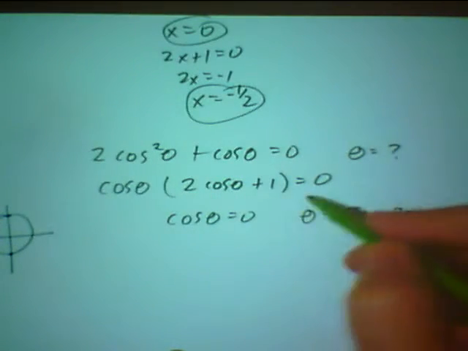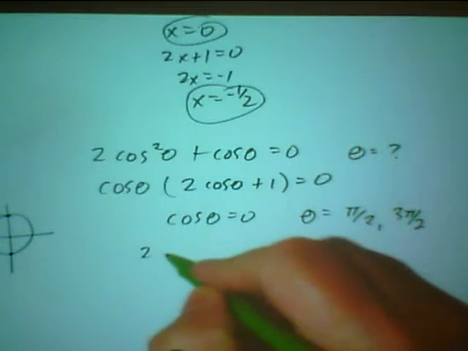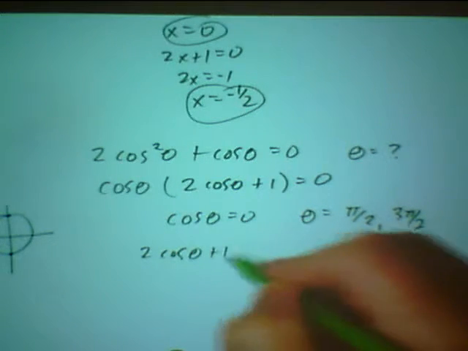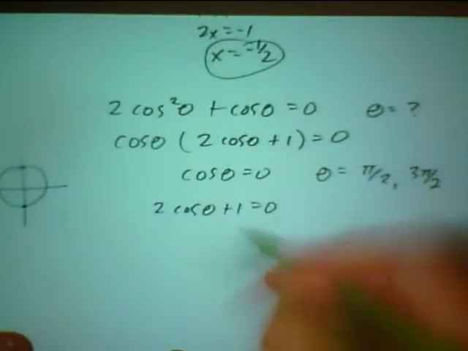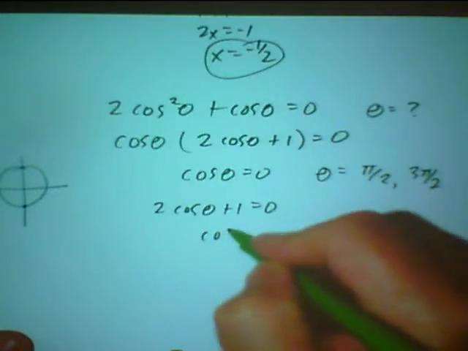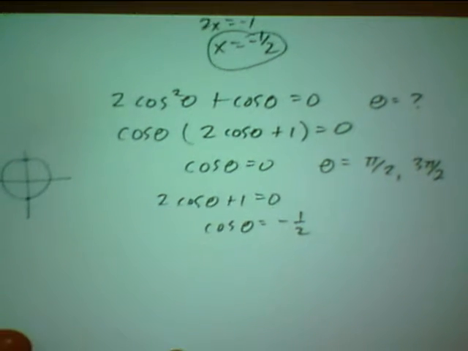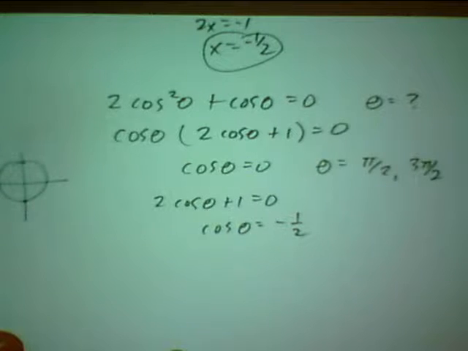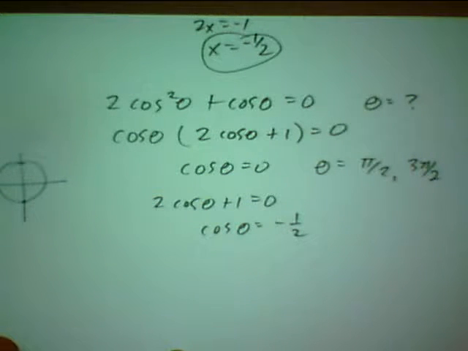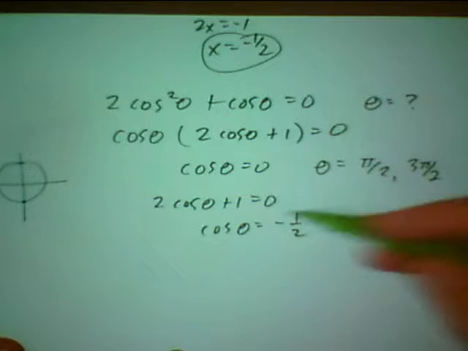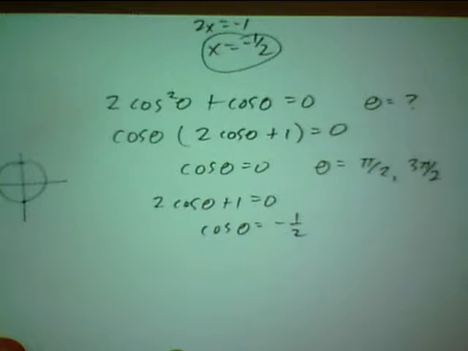But now I've got the stuff inside parentheses. I have to set it equal to 0 and solve for it. So I subtract 1 from both sides, divide both sides by 2. When it's all said and done, I now have cosine theta equals -1/2. So now I go back to my unit circle and say, okay, now I'm looking for an angle, or more than one angle, where the cosine is -1/2. I'm looking for points on my unit circle where the x-coordinate is -1/2.